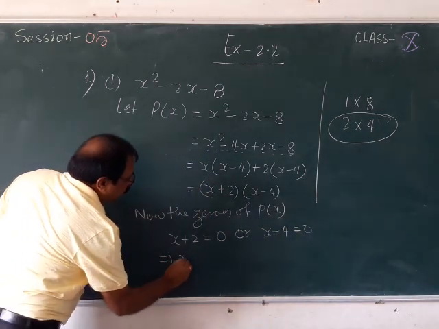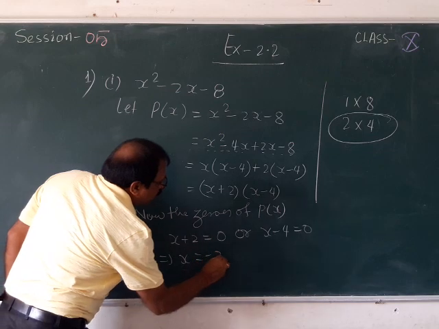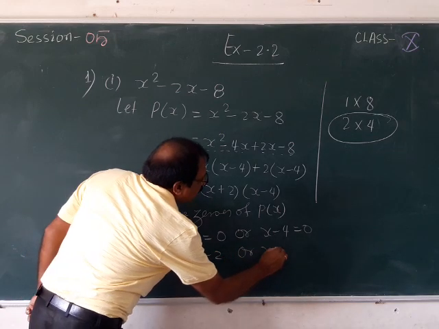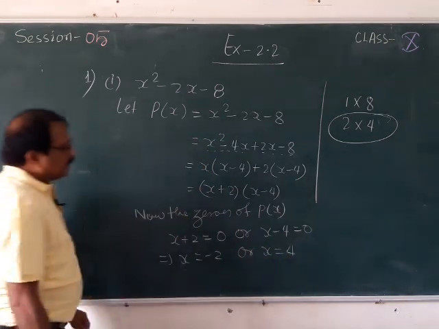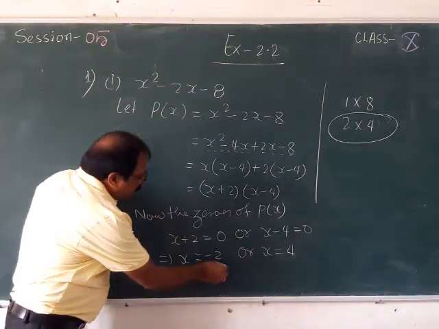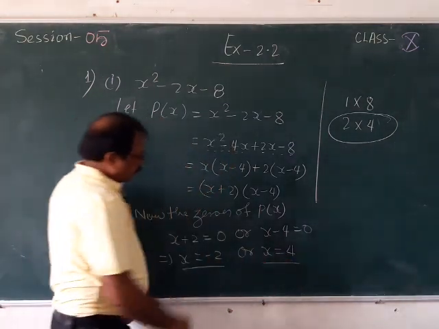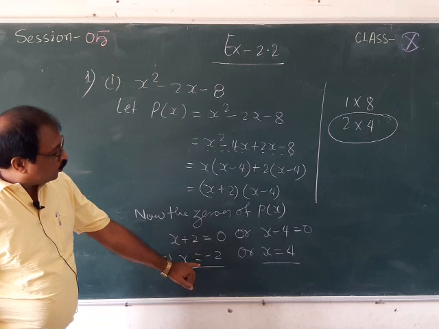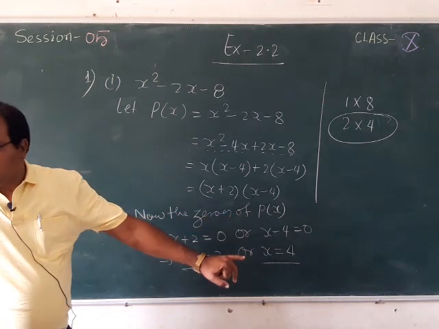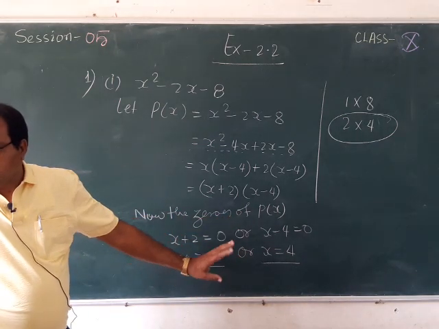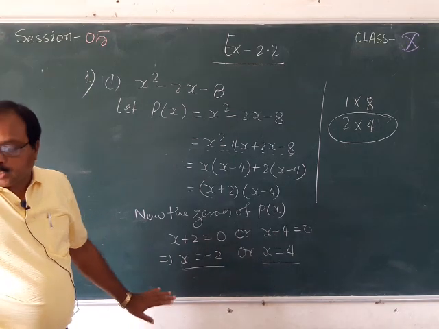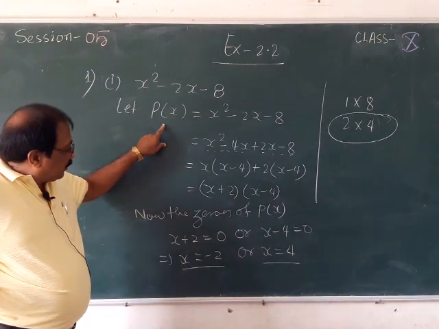If x plus 2 equal to 0, I can write x equal to minus 2, or if x minus 4 equal to 0, I can say that x equal to 4. That means we have two zeros, x equal to minus 2 or x equal to 4. We have obtained these two zeros for this polynomial p(x).